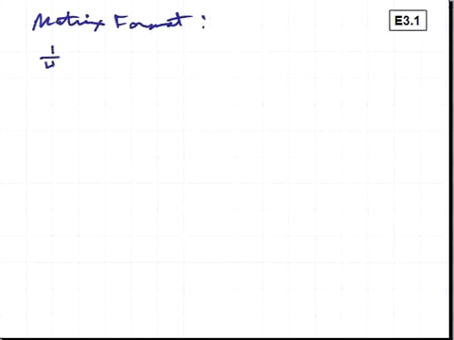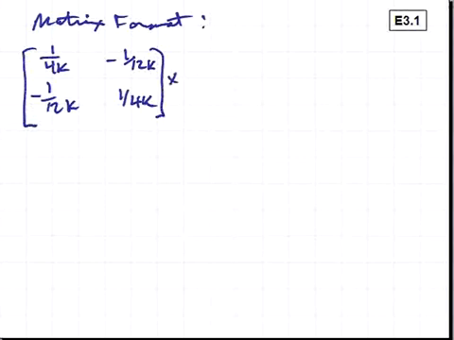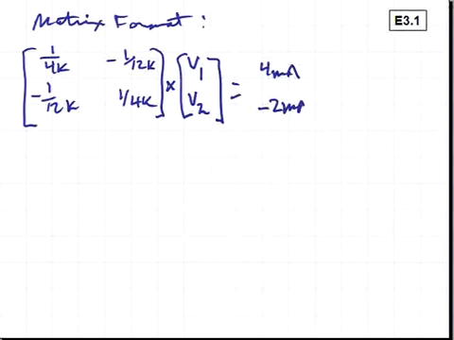So this will be 1 over 4K, minus 1 over 12K, minus 1 over 12K and 1 over 4K, times the two unknown voltages V1 and V2, is equal to 4 milliamps and minus 2 milliamps.